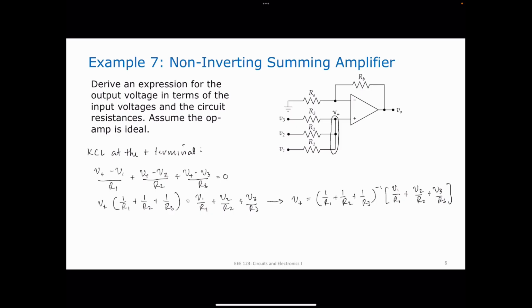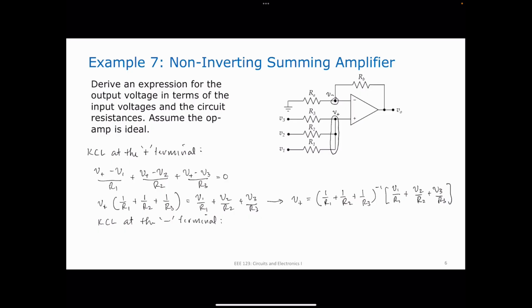I can do KCL here at V minus. So this is KCL at the negative terminal.